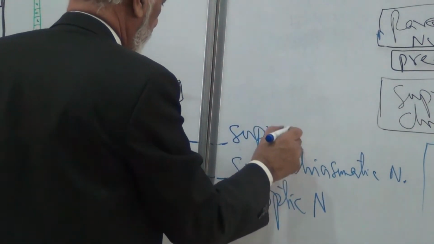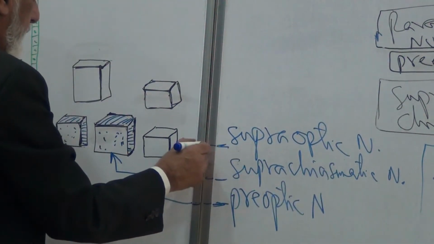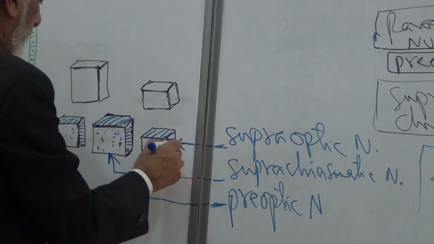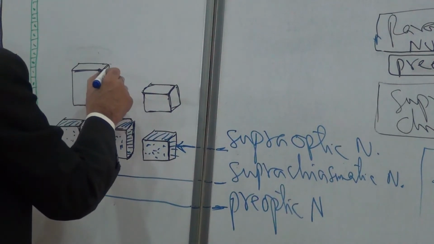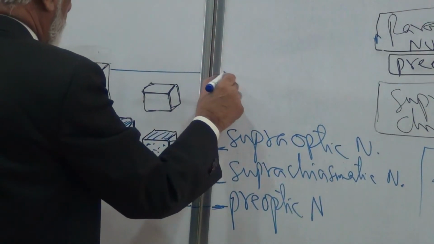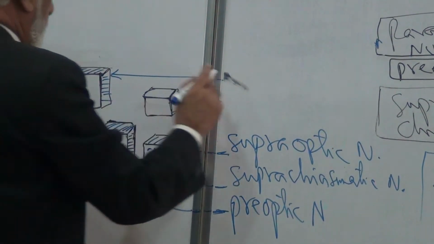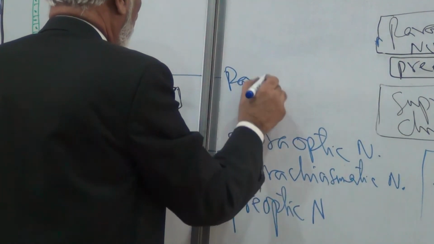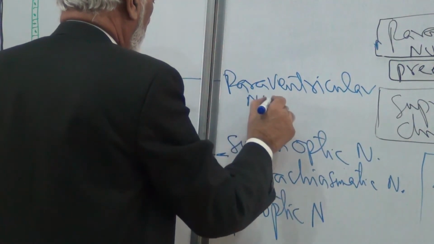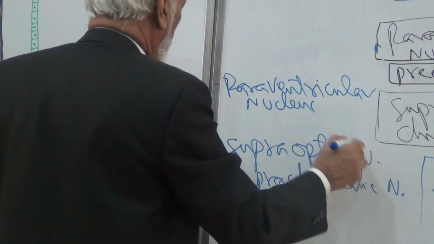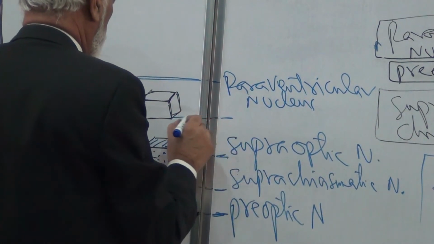Supraoptic nucleus. This is paraventricular nucleus. And this is anterior nucleus.